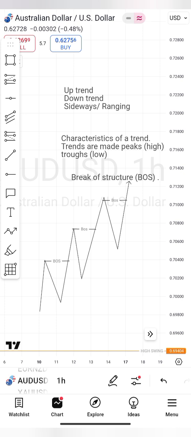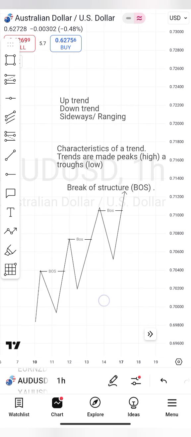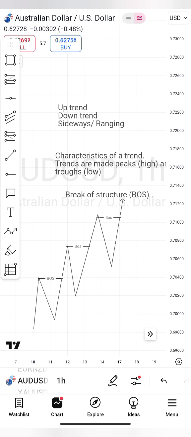So that means those houses are the ones that are targeted. In a similar instance, in an uptrend, what the market targets are the highs. The market demolishes the highs to give us new highs. That's what the market targets in an uptrend, okay.